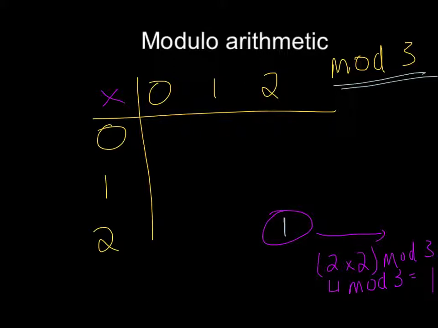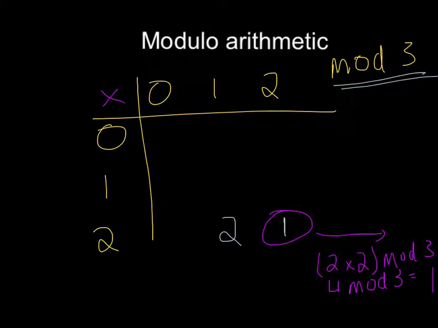Filling it in from there, guys. Coming down the row, looking at 1, 2, so you go 2 times 1. Hopefully you said 2. 2 times 1 is 2. 2 mod 3 gives you 2, so that would be an answer of 2.